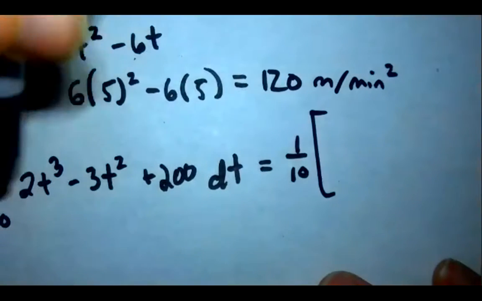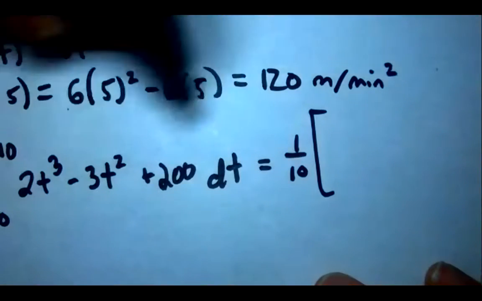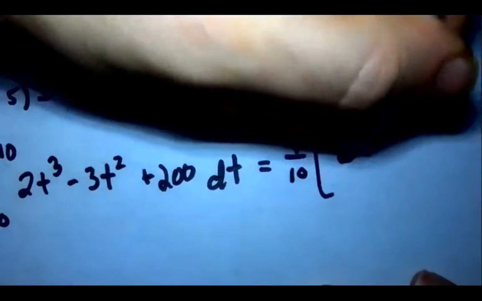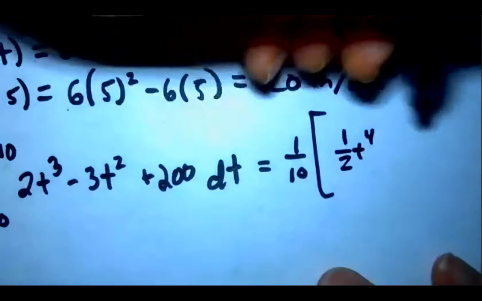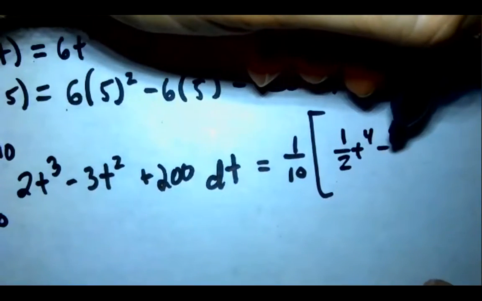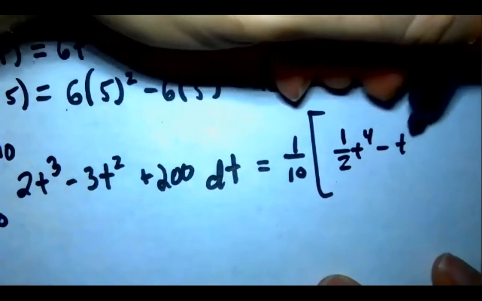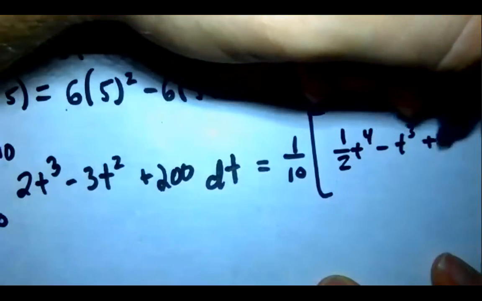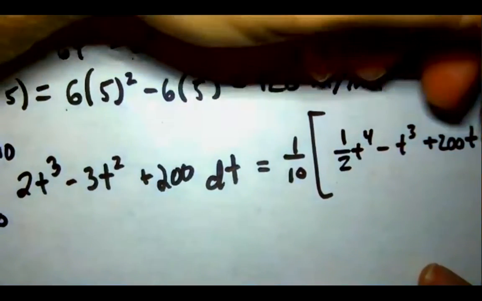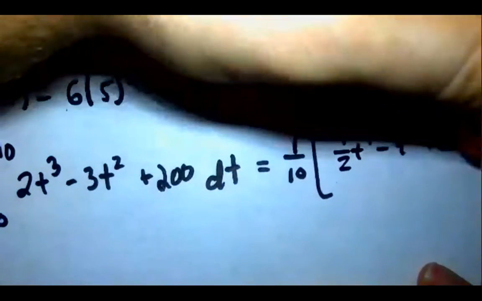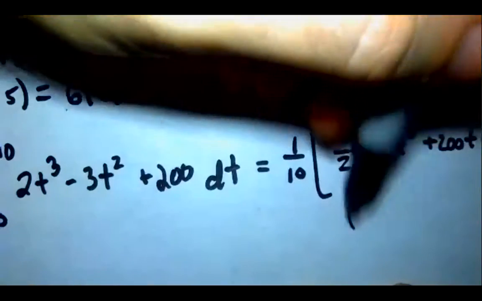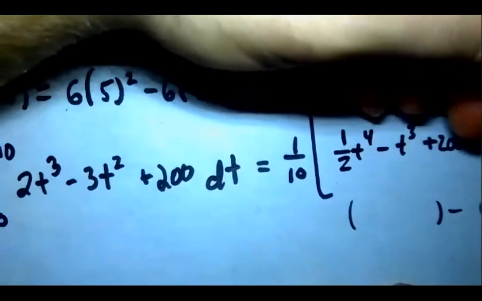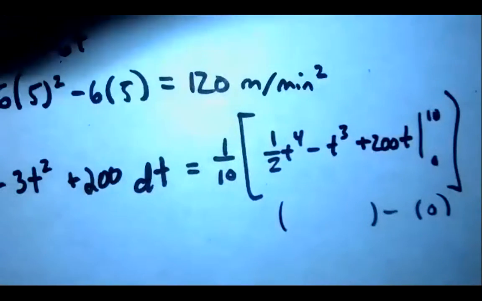So t to the 4th over 4 with the 2 is just half. So that's half t to the 4th minus 3t to the 3rd over 3 plus 200t from 0 to 10. Plug in the top minus plug in the bottom. Bottom's going to be 0.